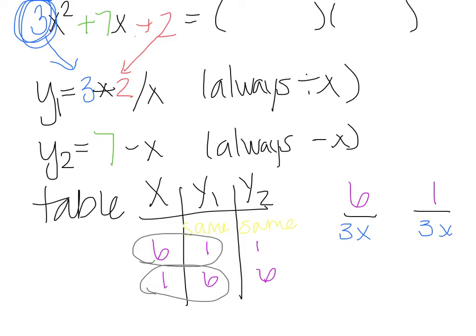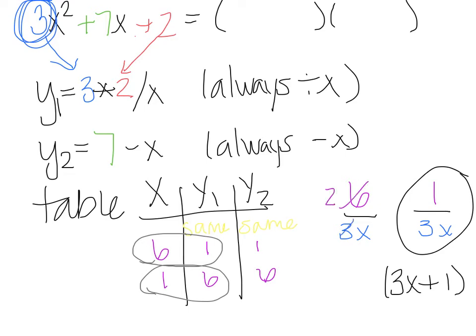You look at each of these fractions and you ask yourself, can I reduce them? Let's start with the one on the right. I cannot reduce 1 over 3x, so I'm going to leave it alone. And if I can't reduce it, then that tells me one of my parentheses is 3x plus 1. Now, 6 over 3, I can reduce, because 6 over 3 is really 2 over 1.